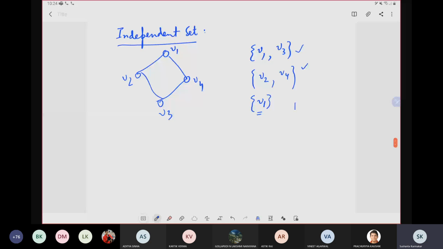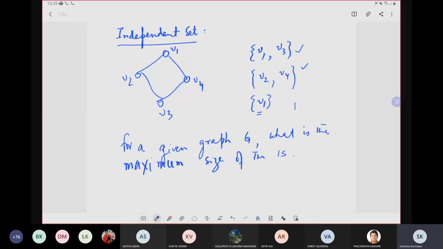That means I have to not only find the independent set, but also its size. Here the size is 2, and the size is 2 in both cases. So if I just give one set, this is enough.